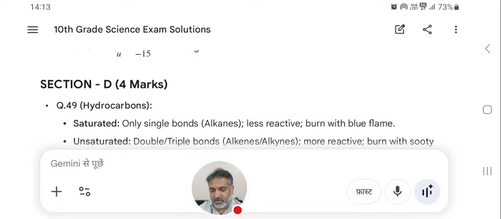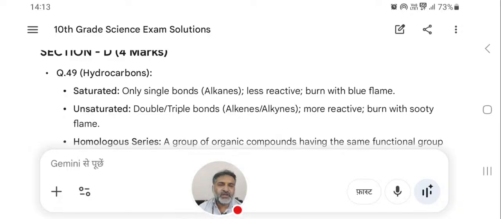Write the preparation and other uses of substance X: bleaching in textile industries, bleaching wood pulp in the paper industry, disinfecting water to make potable water. Very good Janki.